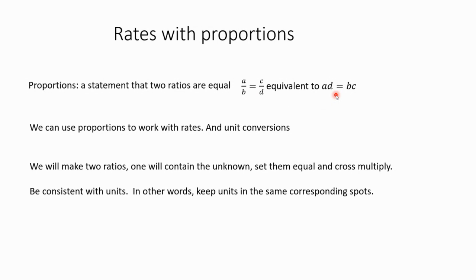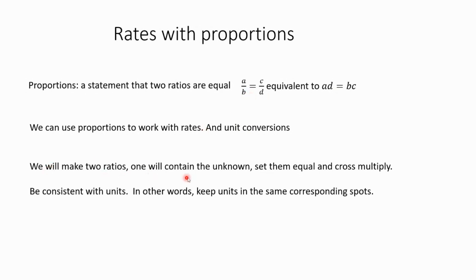Now, since rates are ratios, we can use a proportion to solve them. And we can also do unit conversions with them. I mean, if you look, the way we did it, we dealt with a conversion factor or a unit conversion, but those are also just ratios. So we can still use proportions to solve them.